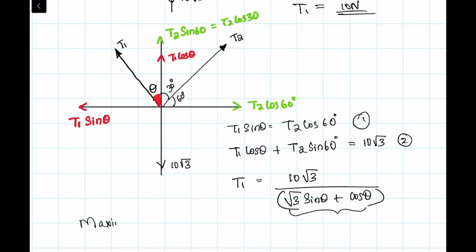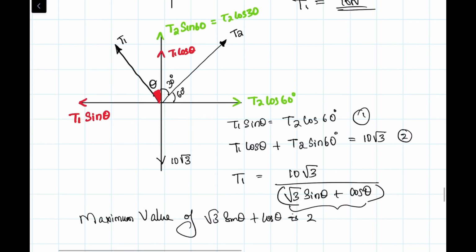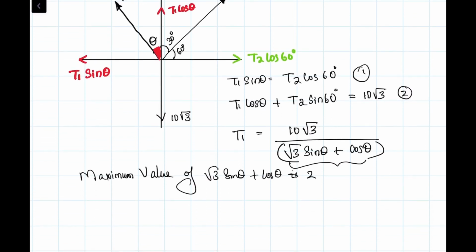Maximum value of the denominator, which is root 3 sine theta plus cos theta, is 2. This is the maximum value, is 2. So from which you can calculate: root 3 sine theta plus cos theta equal to 2, and theta you get 60 degree.